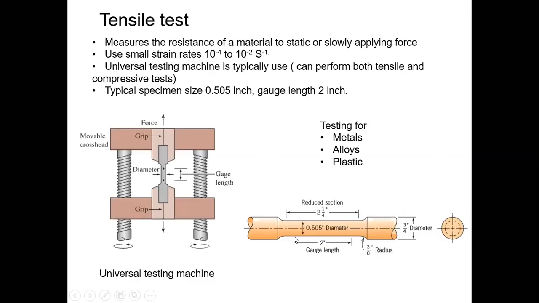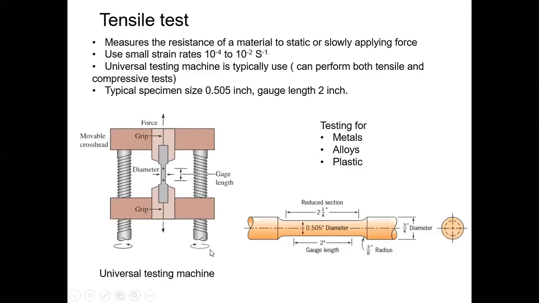It has a gauge length, usually 2 inch, and a fixed diameter. The machine is called a universal testing machine. You can test the material's tensile strength and compressive strength both using a universal testing machine.